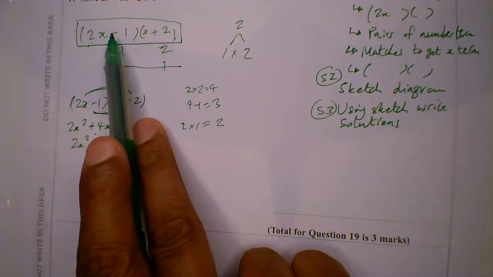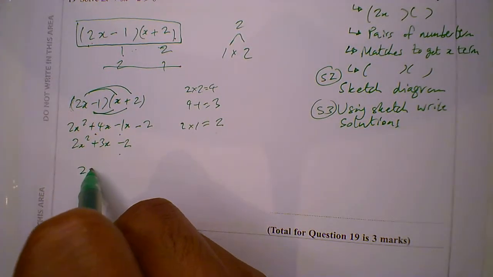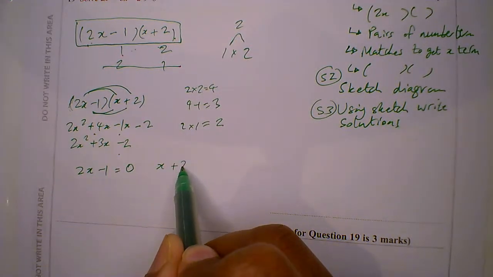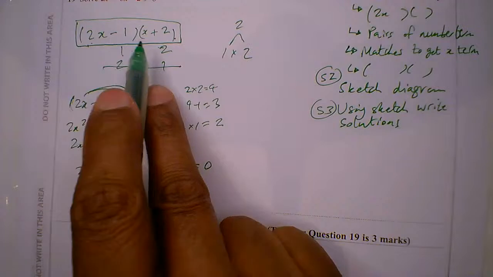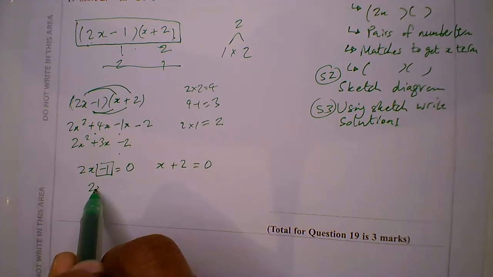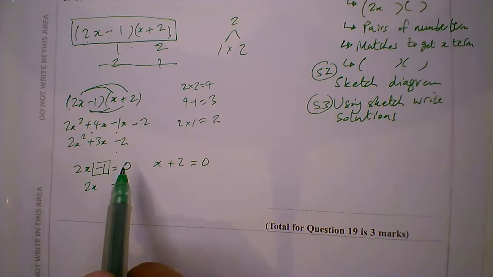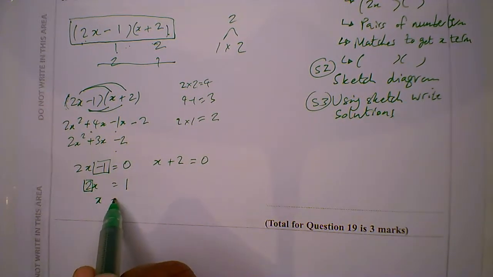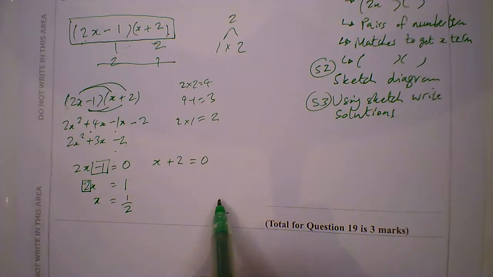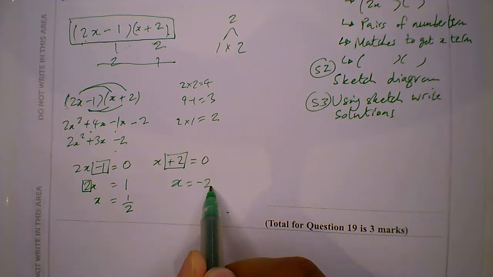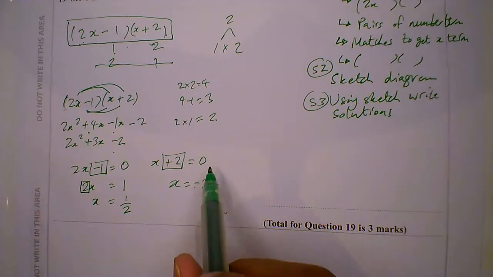So let me say that 2x minus 1 equals 0, and x plus 2 equals 0. So 2x equals 1, opposite of minus 1 is plus 1, and then I need to remove the 2. So x equals 1 over 2. Opposite of plus 2 is minus 2, so x equals minus 2 here. So I've got 2 solutions here.